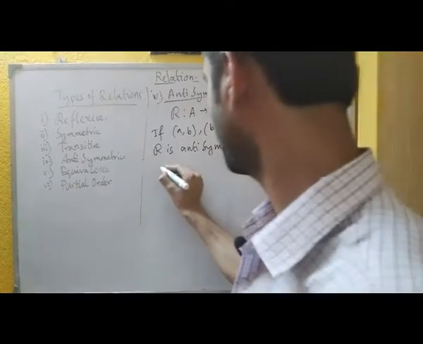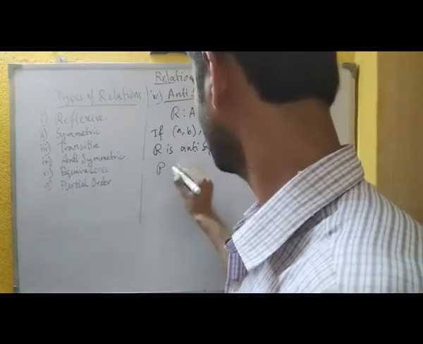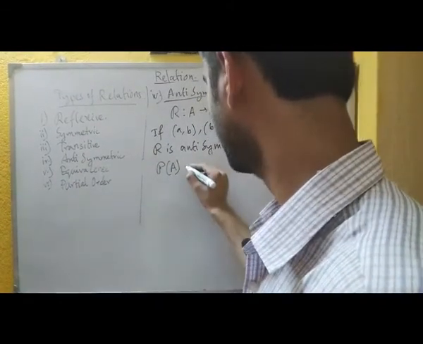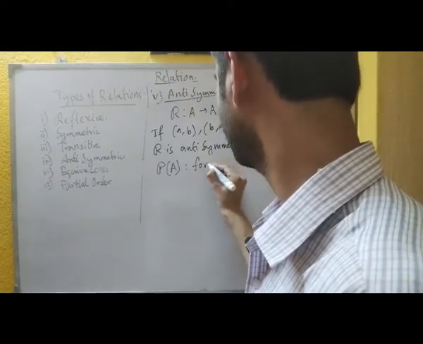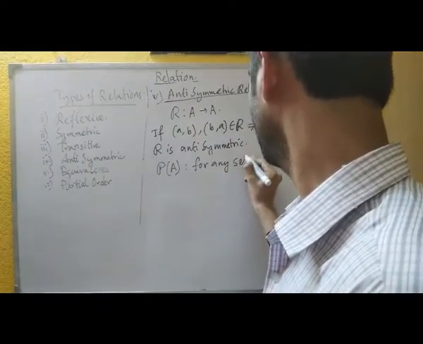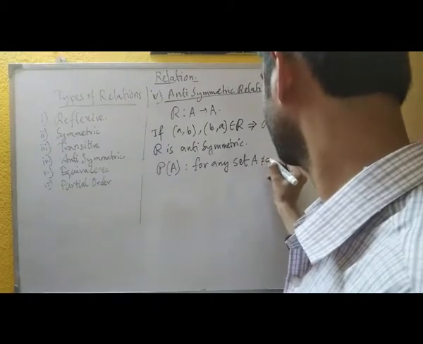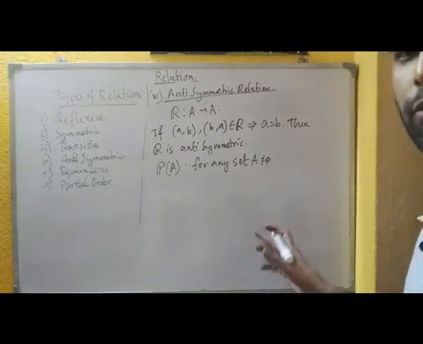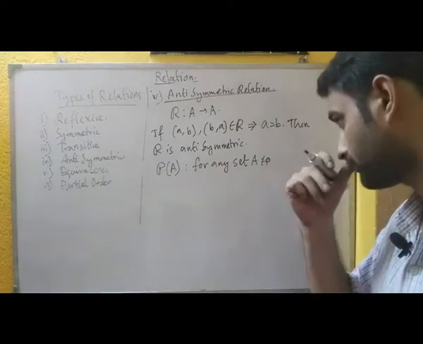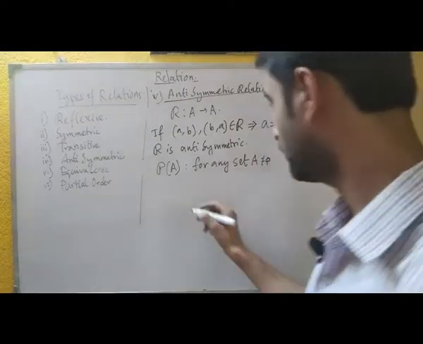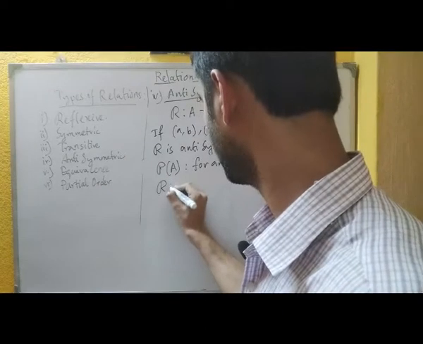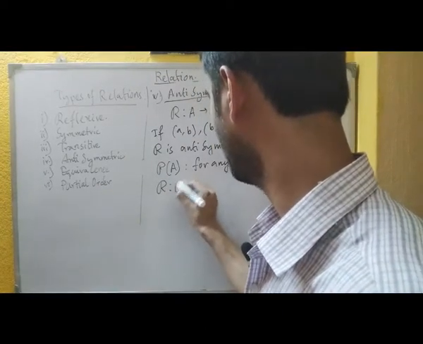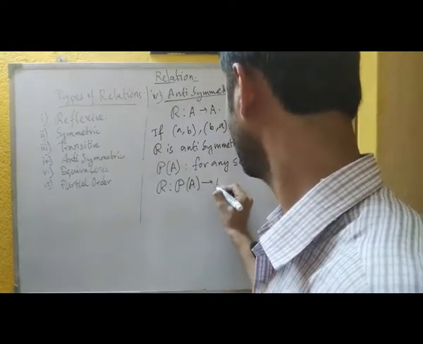So suppose we consider the power set of A for any set A not equal to the empty set, because we don't want trivial situations. So here we apply the relation R on the power set of A.